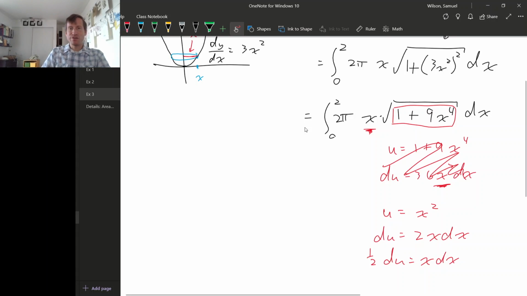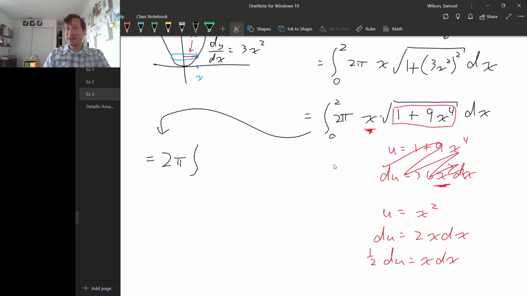All right, now we can do a substitution. I'll do it over here. Let's move that 2 pi outside the integral. While we're at it, let's translate these bounds. When x is 0, u is 0. When x is 2, u is 4, because we're squaring here. So this x, together with dx, make 1/2 du.